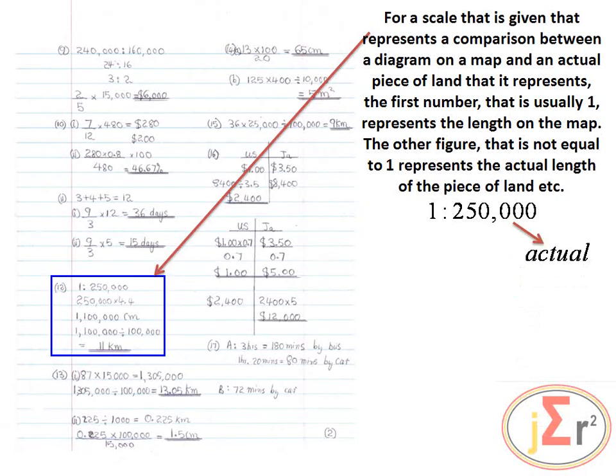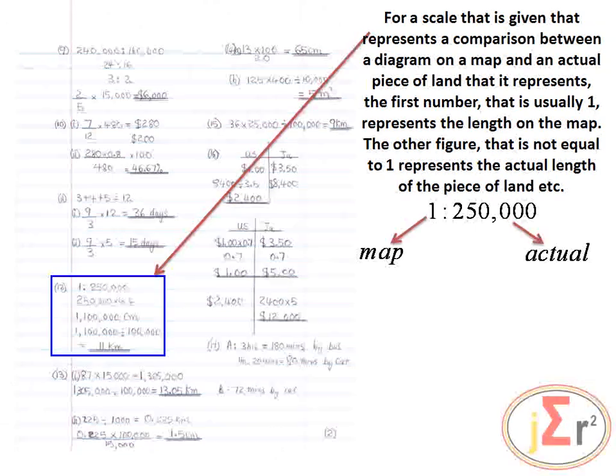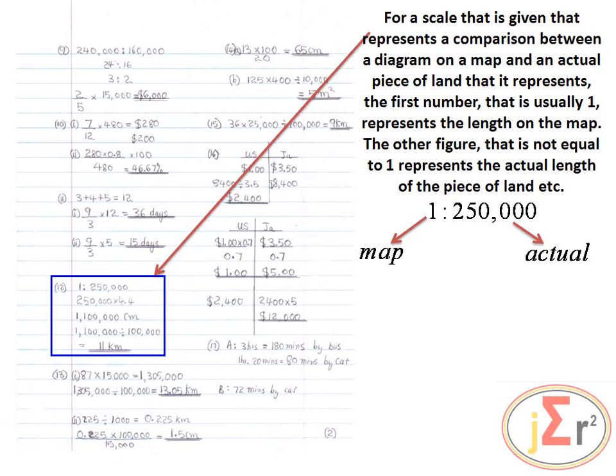The large number for the scale represents the actual length, and this one, which is usually equal to 1, represents the distance on the map.